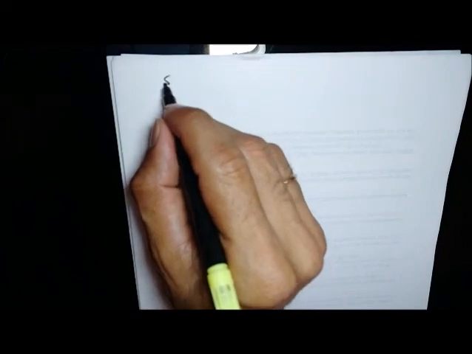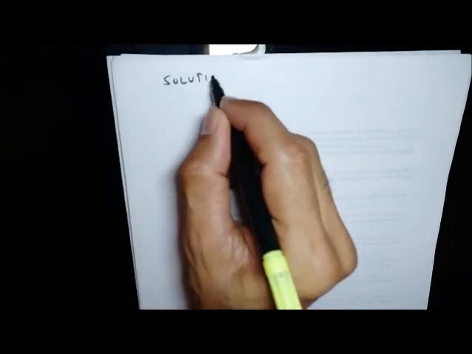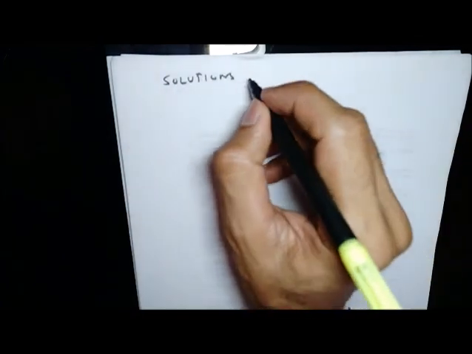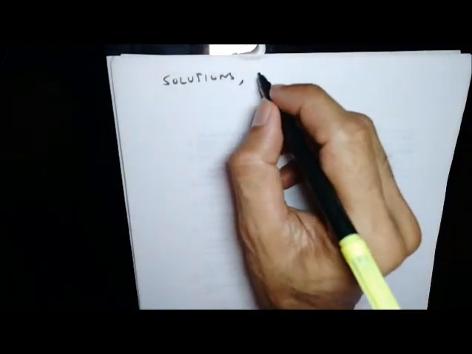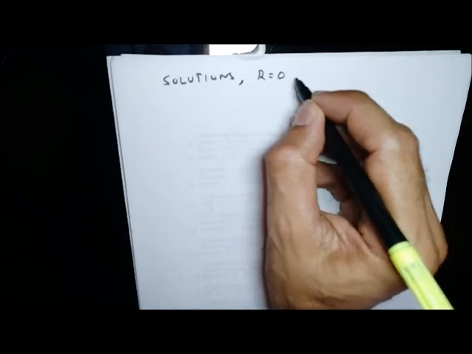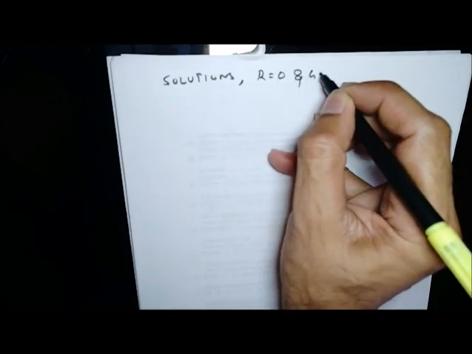So what we do now is we will solve the transmission line equations which we derived earlier, and we will first solve it for a simple case. We are going to find solutions to the transmission line equation, and we'll take a very simple case first, a case where R equal to 0 and G equal to 0.